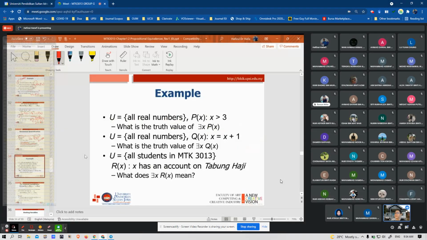Okay, for example, we have the same, for all real numbers, P(x) is x greater than 3. What is the truth value? x has some account on Tabung Haji. What does it mean? It means that some of the students in MTK 3013 have an account in Tabung Haji.